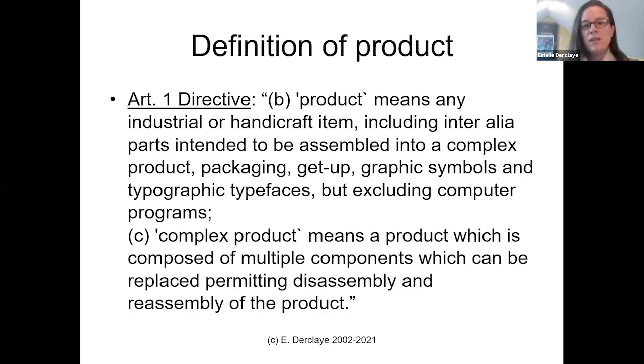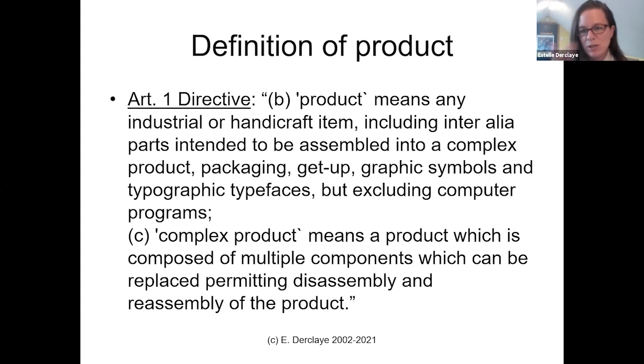Now, the registered design, again, the directive, but as I say, it's the same in the regulation and in the RDA, the Registered Design Act in the UK, also defines what a product is, because in order to be protected, it needs to be the design of a product. So a product is an industrial or handicraft item. So you see, it doesn't have to be made by hand.